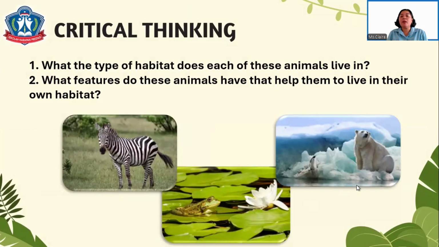What type of habitat does each animal live in? What is the name? And what are their features or characteristics that help them to live or survive in their own habitat? Okay, please get ready and reserve your answer for our class.